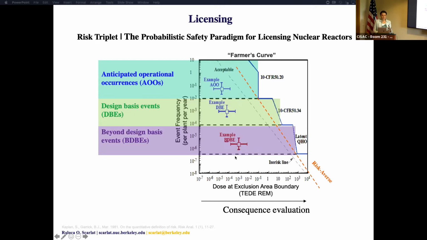And the biggest challenge with new technology is not where the scenarios lie on this frequency versus consequence plot relative to the limit of acceptability. Usually the scenarios lie quite far, which is why advanced reactors are so attractive.